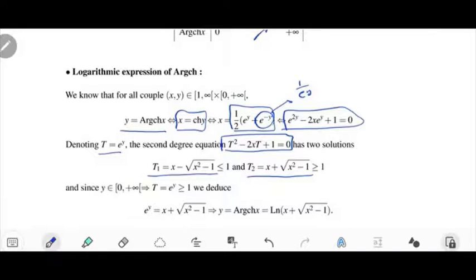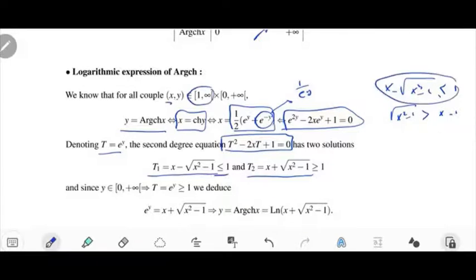Now let's check if x minus radical x² minus 1 is less than 1. If this is true, then we should have radical x² minus 1 greater than x minus 1. Since this is positive because x is greater than 1, we square both sides.